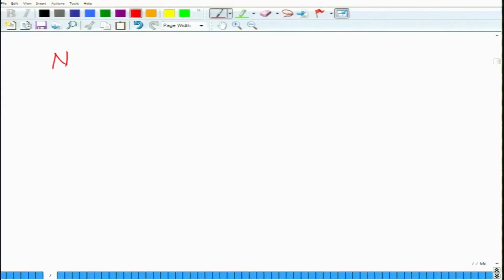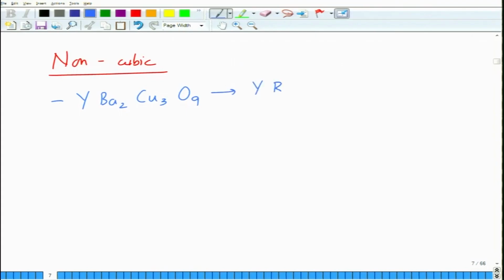So, let me go back to my slide. Among the non-cubic structures, the first one was YBa2Cu3O9, which converts to YBa2Cu3O7 minus delta, with copper in 2 plus and 3 plus states.